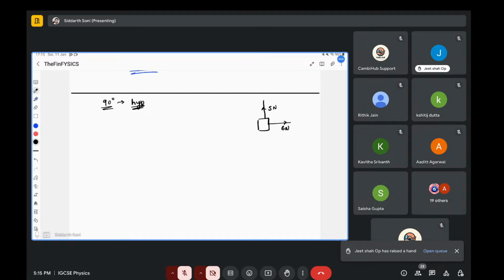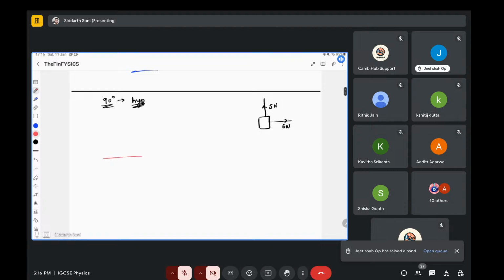Sir, what about the parallelogram law of vector addition? Is that in our syllabus right now? It's in your syllabus, but what you need to know is the parallelogram rule is just an extension of the triangle law. You draw two vectors, 6 Newton, 5 Newton. Similarly, you construct 5 Newton over here.